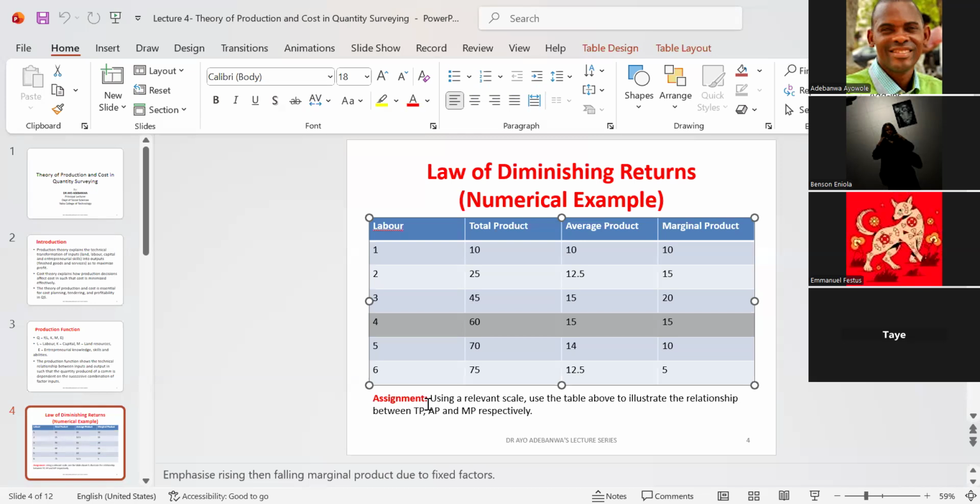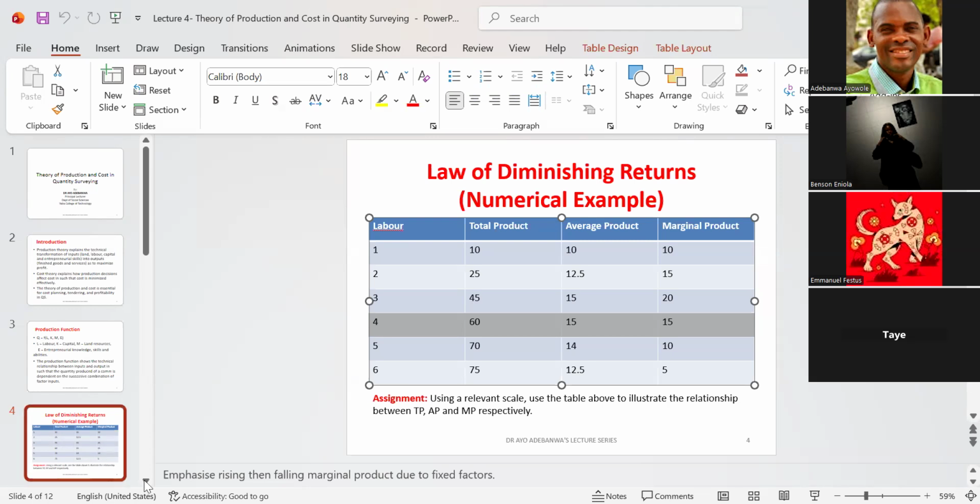Plot the number of labor against the total output first. Then take the labor again and plot it against average product, then against marginal product.